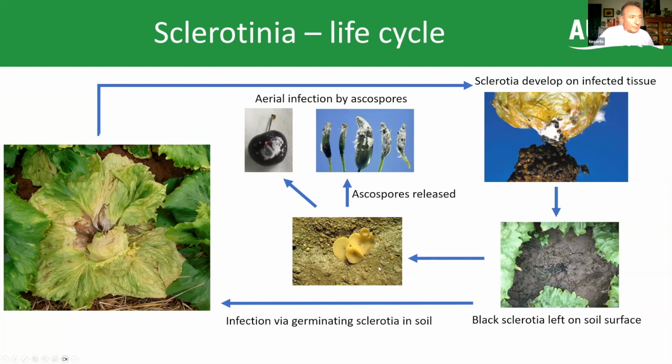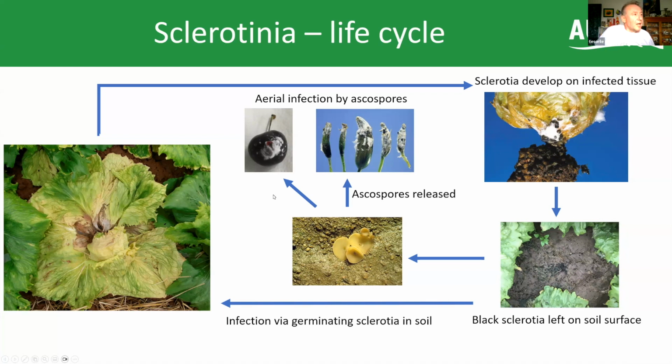Or alternatively, those mushroom-like structures, so in this case, these little disc-shaped things have got little pores in them in which sexual reproduction occurs, and spores are produced which are released forcefully into the air, which can then float in air currents and attack aerial parts of the plant. So you can get infections, for example, just above it there in that cucumber on the fruit, or through the flower and then into the fruit.